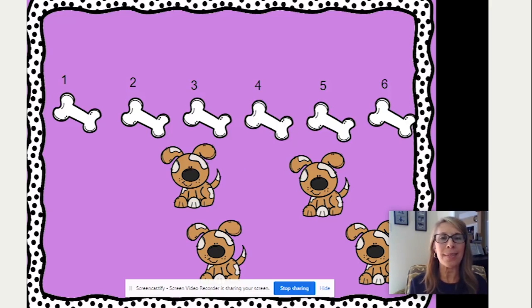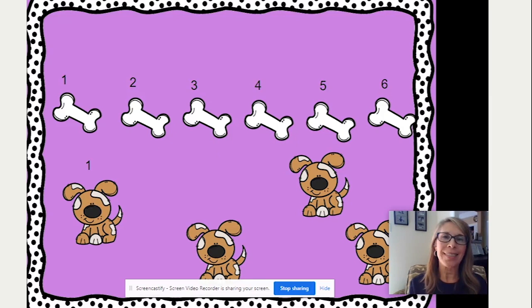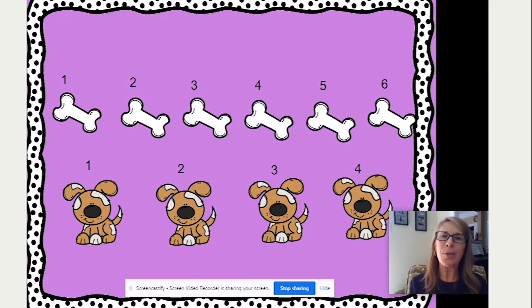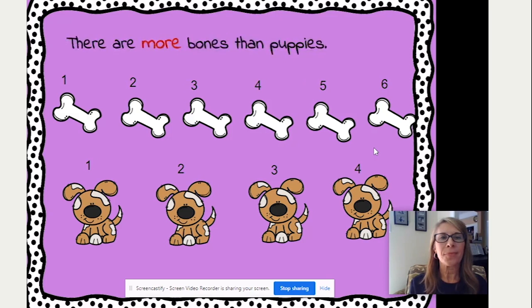Help me count the puppies. Ready? 1, 2, 3, 4. What do you notice about these 2 sets? I see my set of bones has 6 in it. My set of puppies has 4. That's right. There are more bones than puppies.